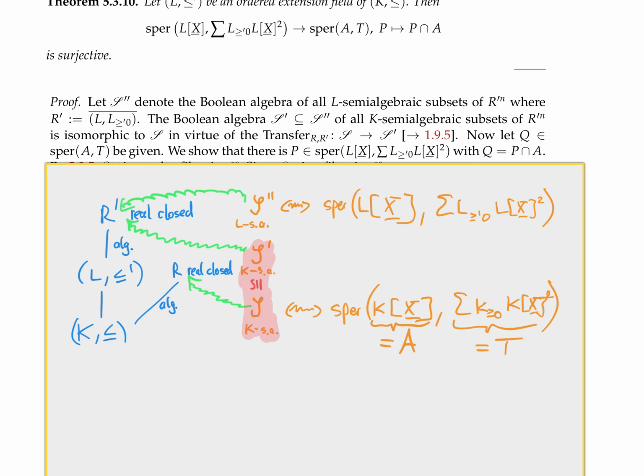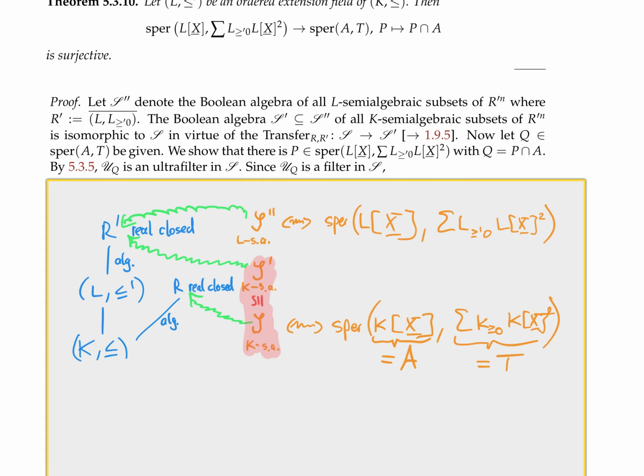So that's what we have to show. So I can start here with an ultrafilter Q in this algebra, right? And I need an ultrafilter here, finally.